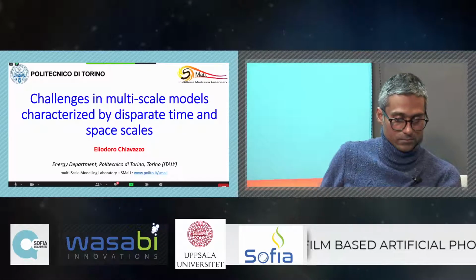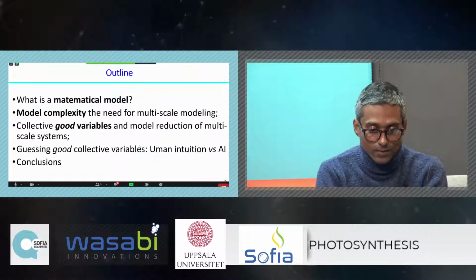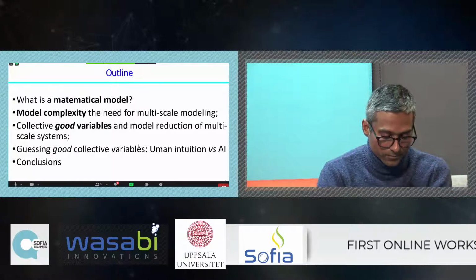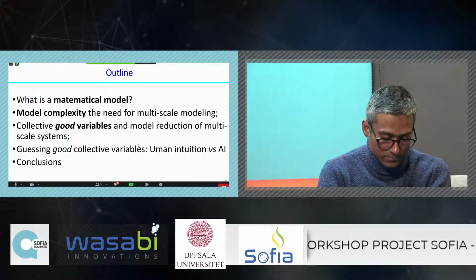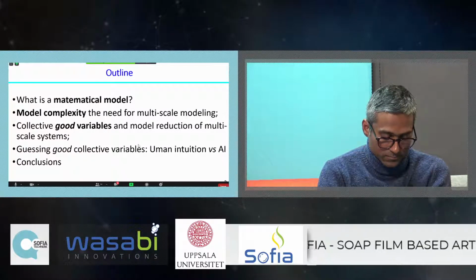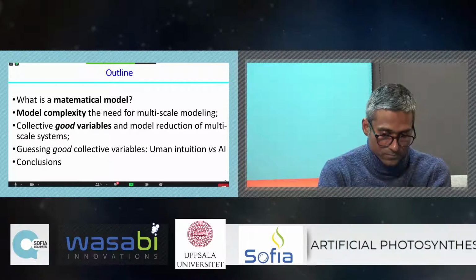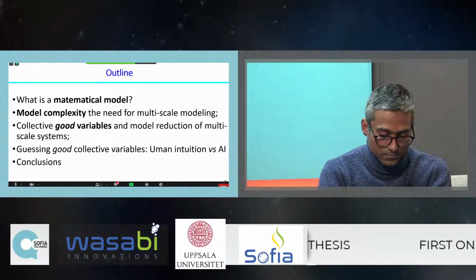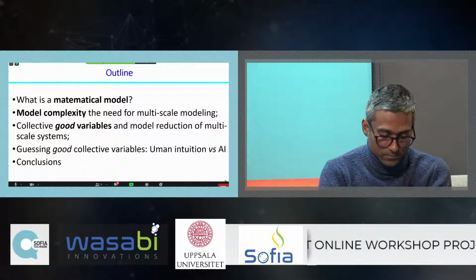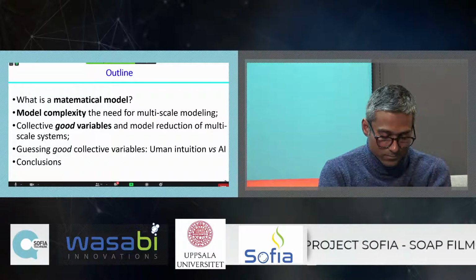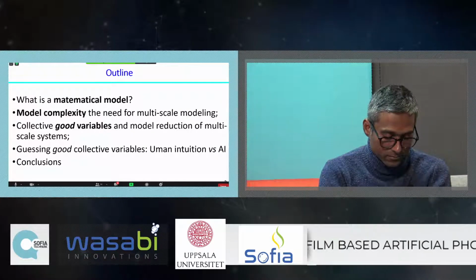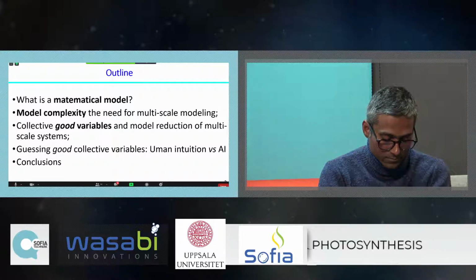Here you see a brief outline of my presentation. I would like to discuss briefly what we mean by mathematical model and what complexity can be associated with that when constructing multi-scale models.